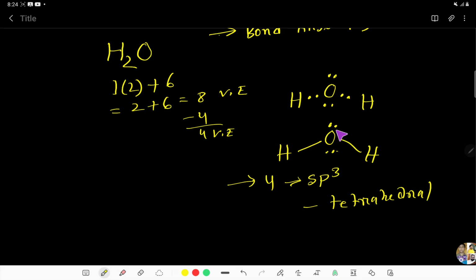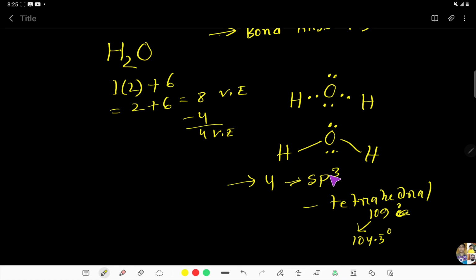Due to the presence of these lone pairs, the bond angle, which in a tetrahedral should be 109.5 degrees, is distorted, and the actual bond angle is 104.5 degrees.